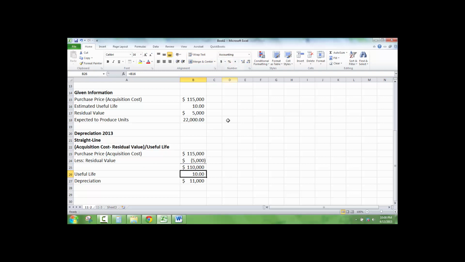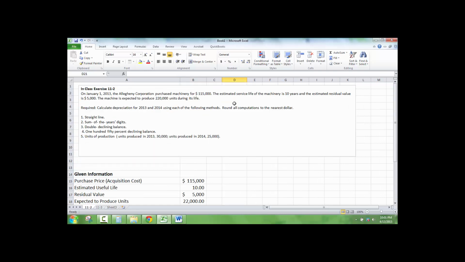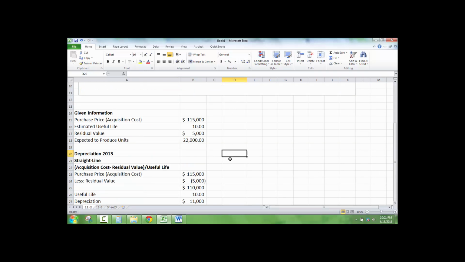So basically, using straight line, it would be $11,000 for 2013. Now, our next one is to use sum of the year's digits.